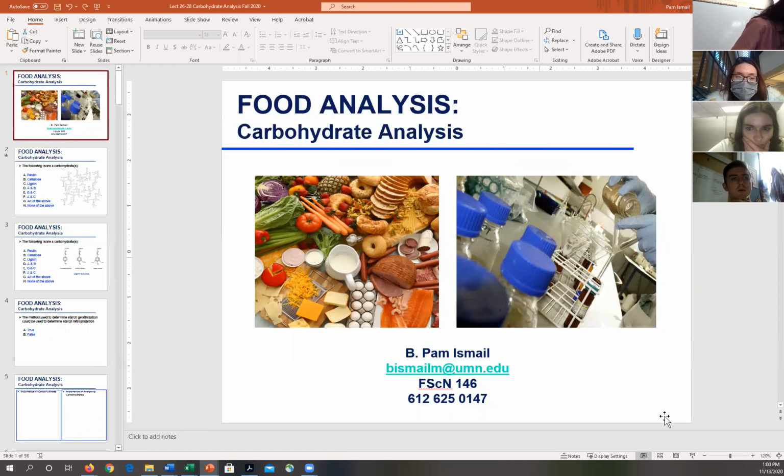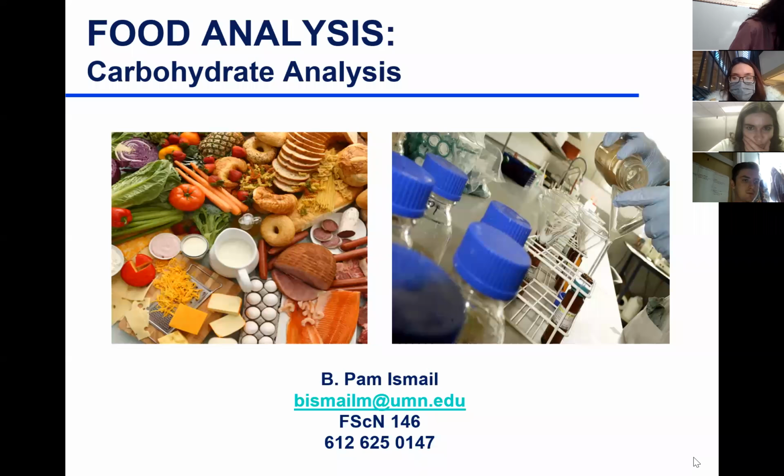Carbohydrates. In this section, it's not part of proximate analysis. So proximate analysis is over.